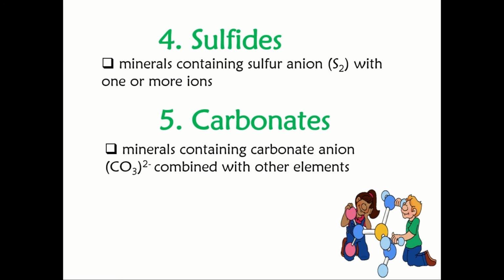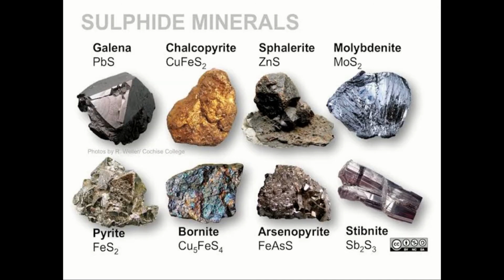Next is sulfides, minerals containing sulfur and ion with one or more ions. And carbonates, minerals containing carbonate and ion combined with other elements. So here it is. As you can see, it's the sulfide minerals. Ayan, very lustrous sila, very shiny, metal-like ang luster nila.